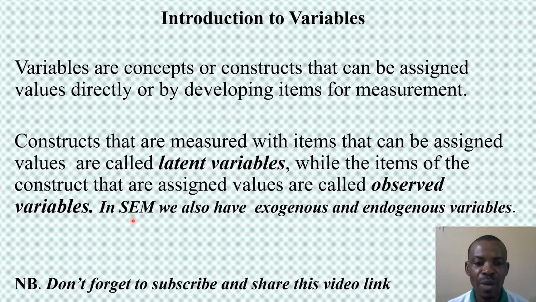Another thing you must know about structural equation modeling is exogenous and endogenous variable. My video on path analysis and structural equation modeling will explain this better for you. So now let's go into the types of variable with practical explanations.